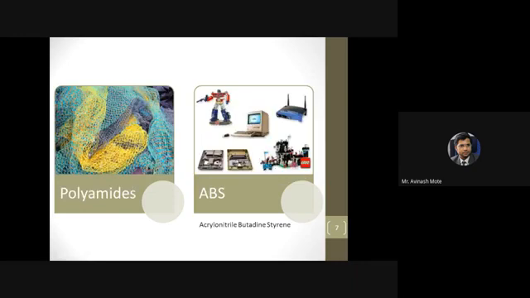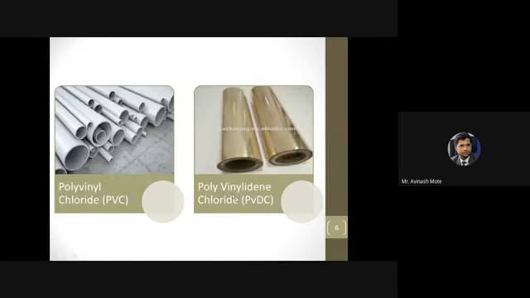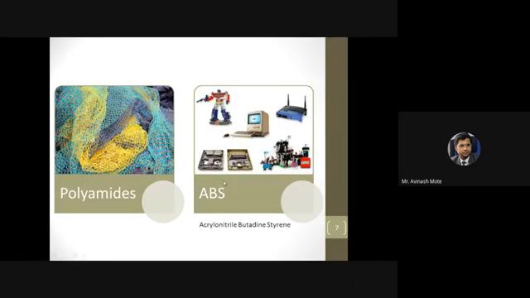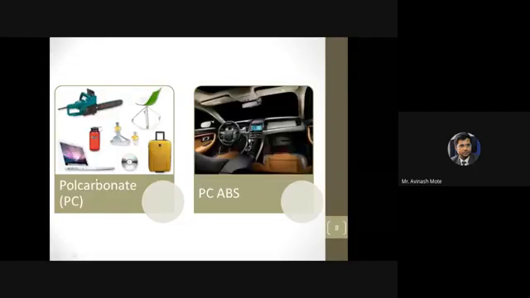Plain ABS, a simple ABS material, if I use it, will not have a good quality surface finish. But the properties required for electronic applications are there with ABS plastic. Surface finish and glossy finish are good with polycarbonate. So by combining ABS and PC, you get both properties here.